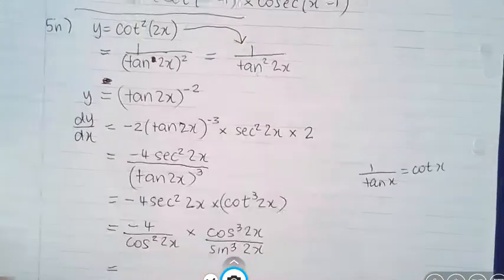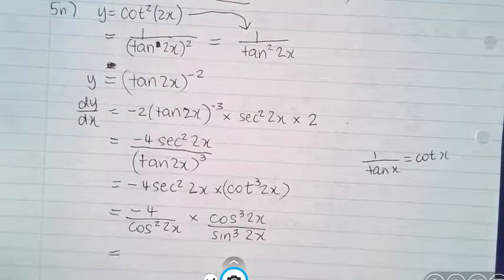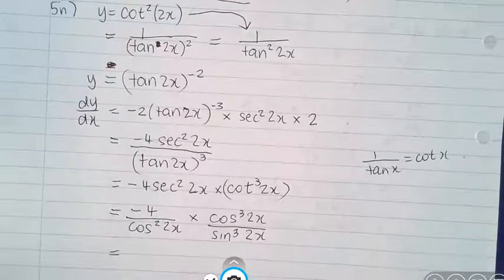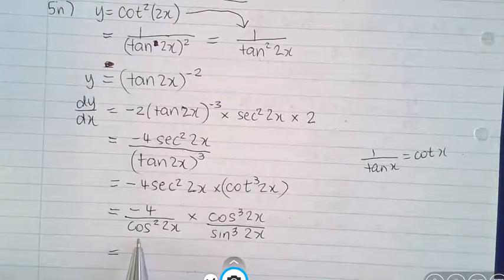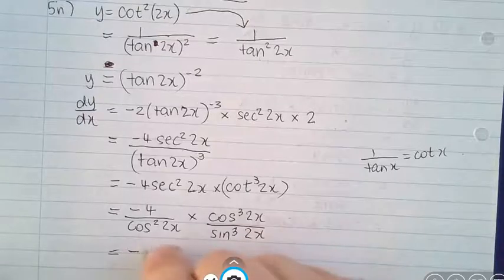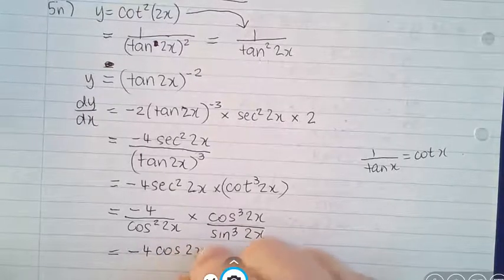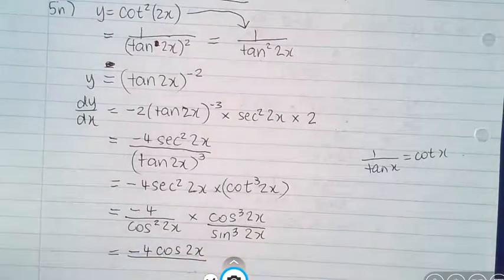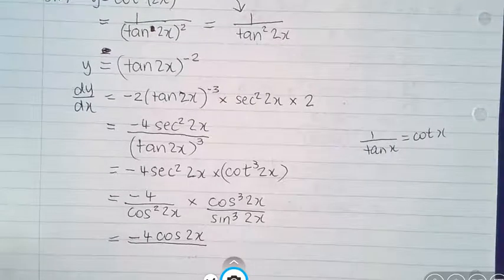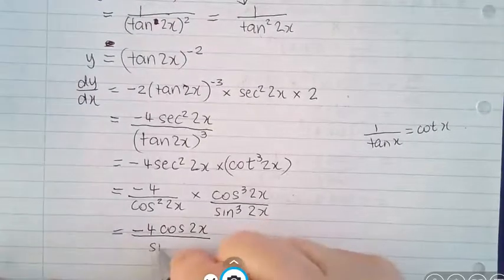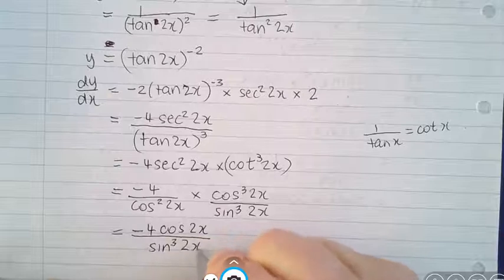Okay, we're getting there. What cancels? How many of the coses cancel out? 2 of the coses cancel out with 2 of these. So I'm still left with 1 cos 2x on the numerator. And how many sine 2x's on the denominator do I have? Sine cubed 2x. Are we good?